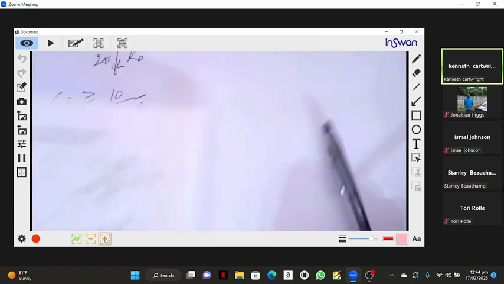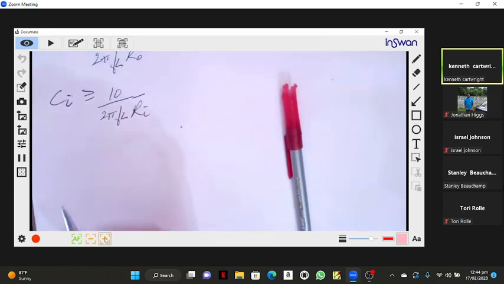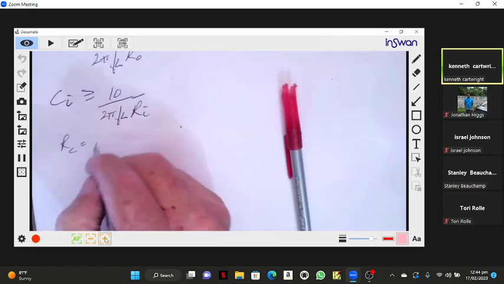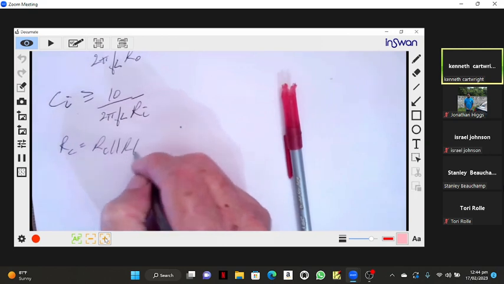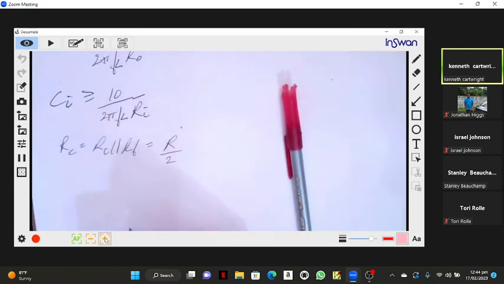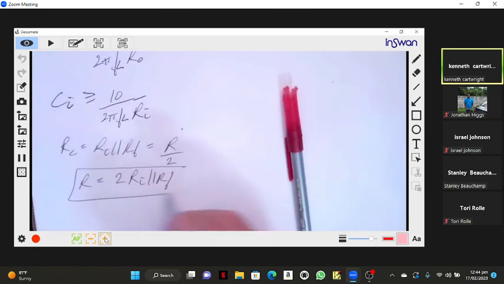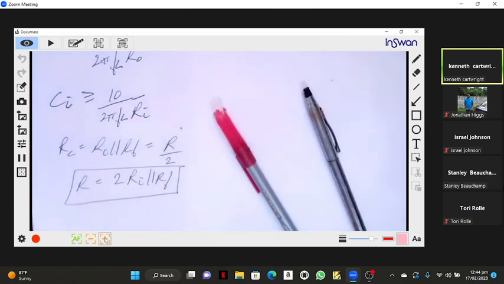So you have all the facts. Why are you not giving me an answer? So RC equals RI in parallel with RF, but RC is R over 2. So R then must be 2 times RI in parallel with RF. There's your answer right there.